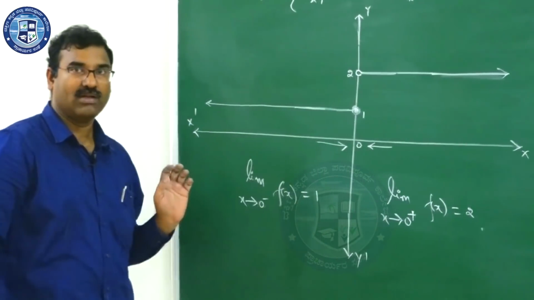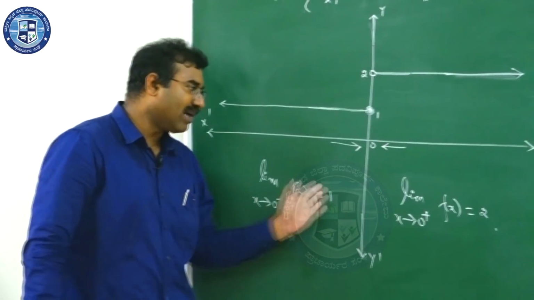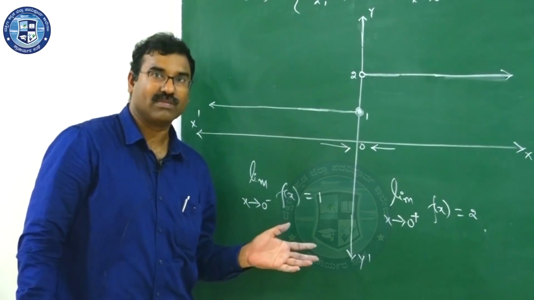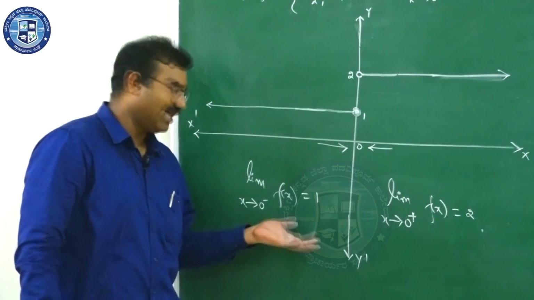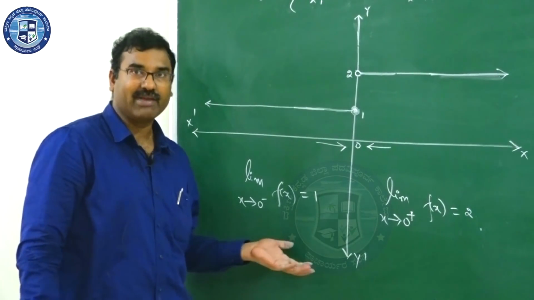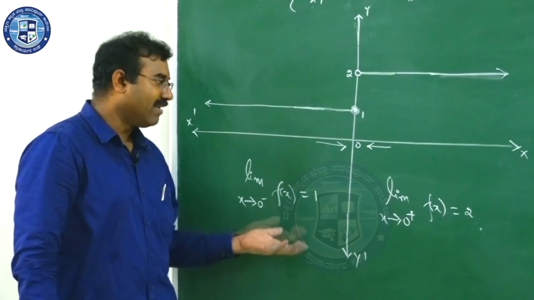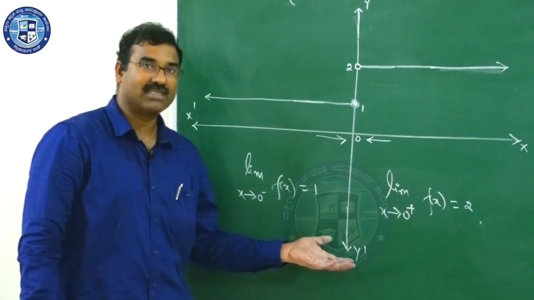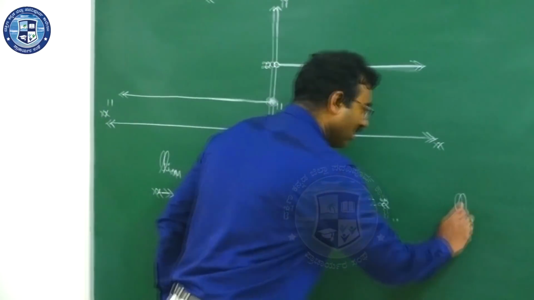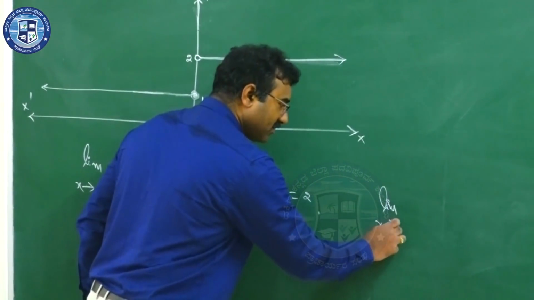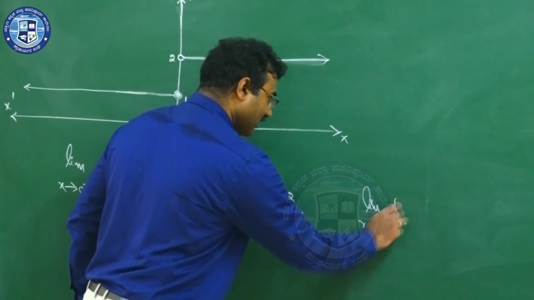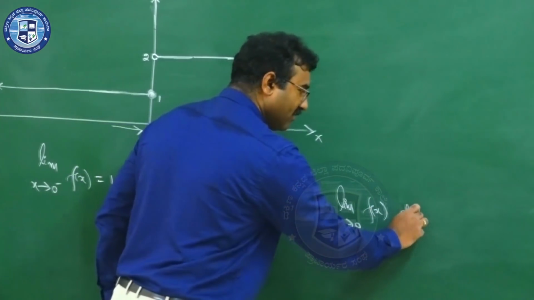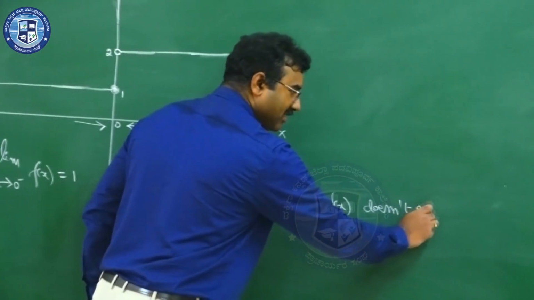So the left hand limit you got 1, the right hand limit you got 2. Both the limits exist, but they are not equal. That's why we conclude the limit of this function when x is coming close to 0 does not exist. So limit as x tends to 0, f(x) does not exist.